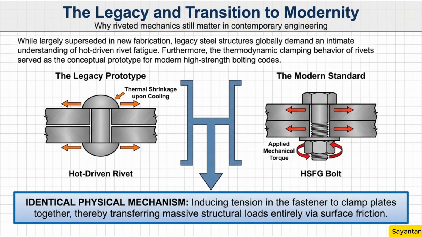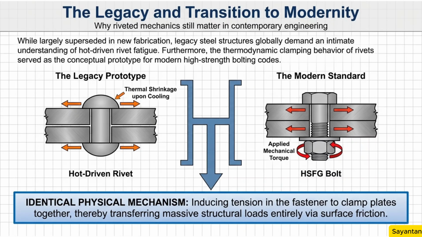Furthermore, hot-driven riveting established the mechanical foundation for contemporary high-strength friction grip (HSFG) bolting. Both systems operate on an identical physical force transfer mechanism, inducing massive internal axial tension in the fastener to clamp the connected plates together under high preloads.